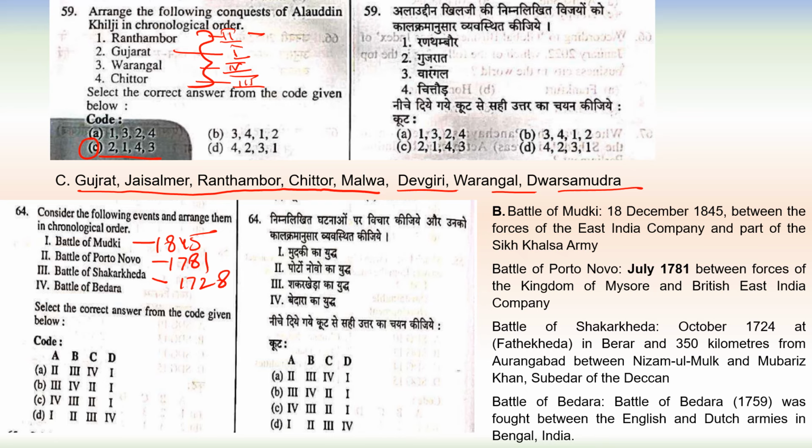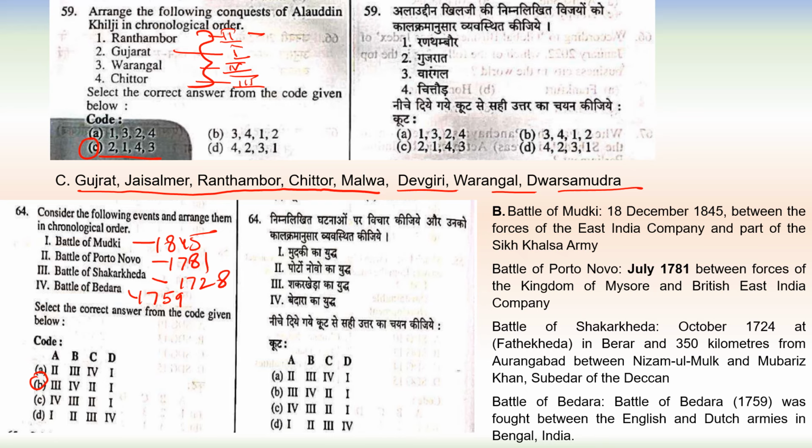Battle of Bidara, that fought in 1759. So in this way we can see that third will come first. So B is our answer. Third, fourth, then second, then first.